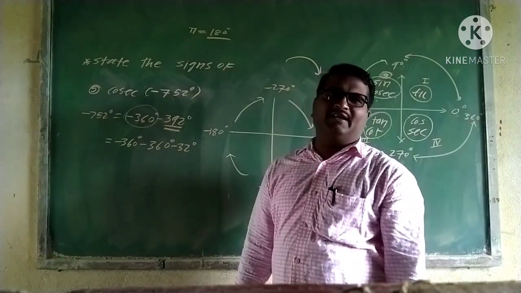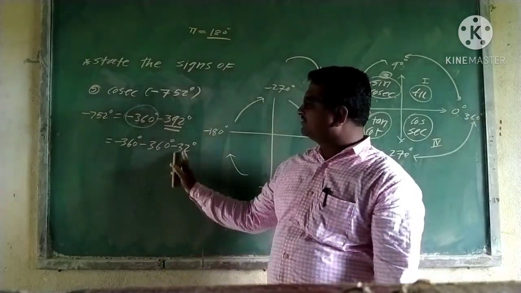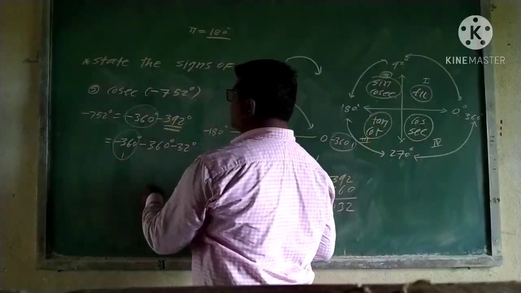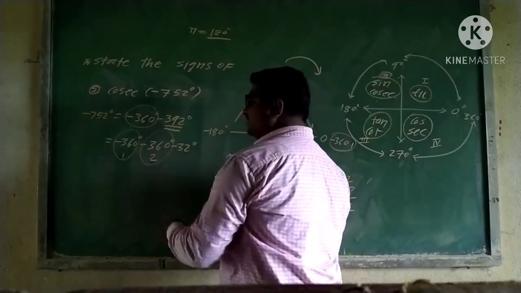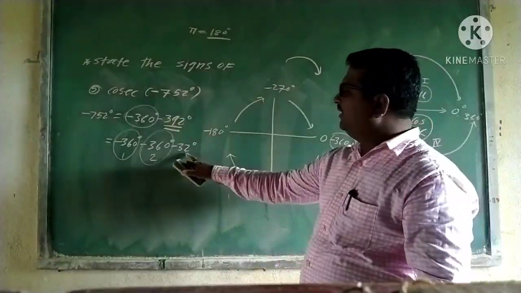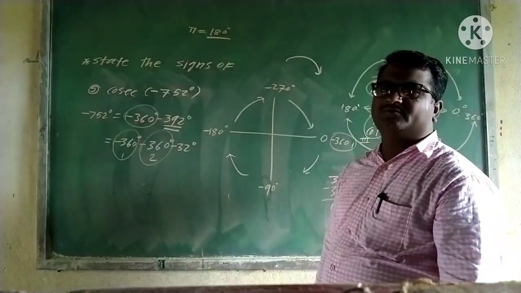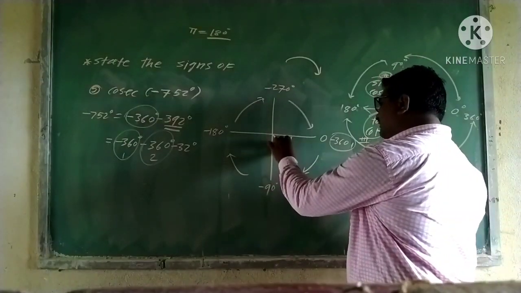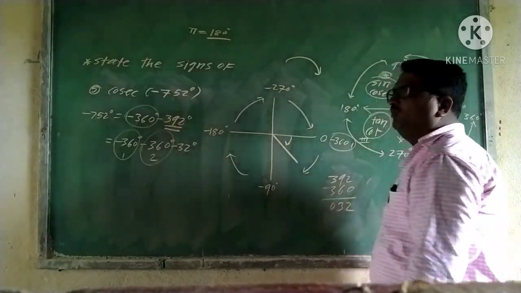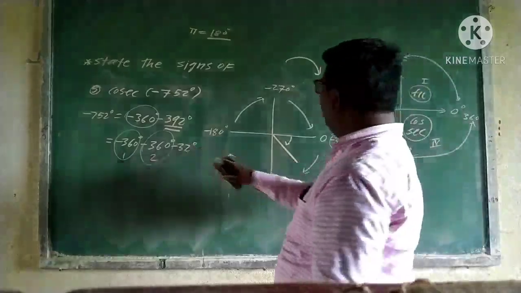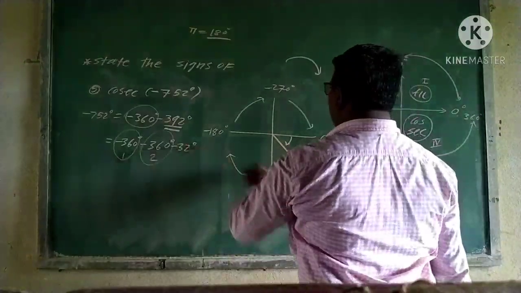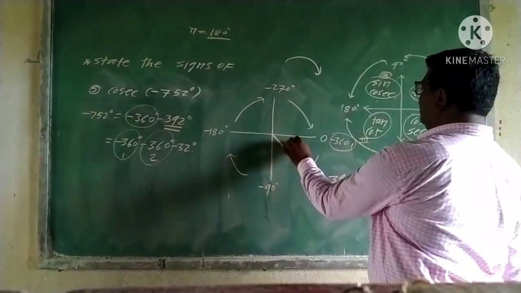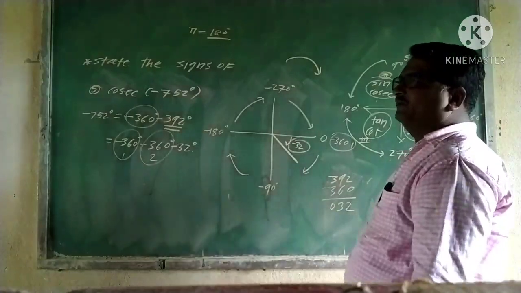To find the position of the terminal ray we consider only the last value: the first revolution, the second revolution in a clockwise direction, and the remaining angle is minus 32. Minus 32 lies between 0 and minus 90, so our angle lies in the fourth quadrant.